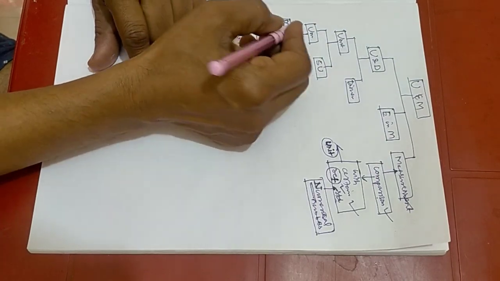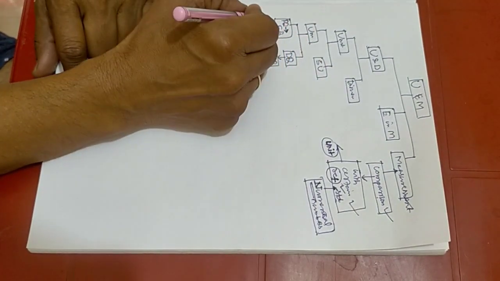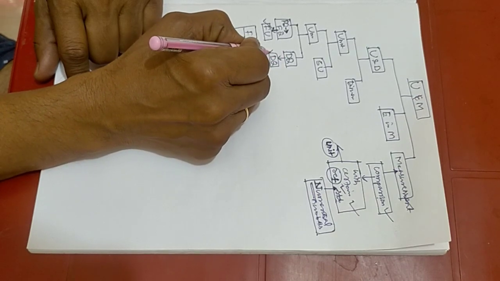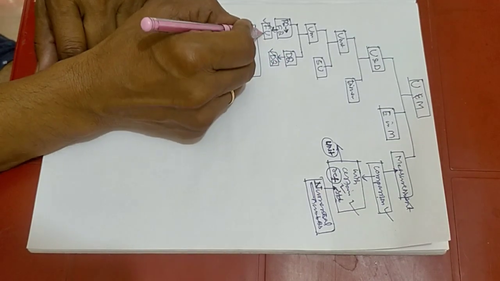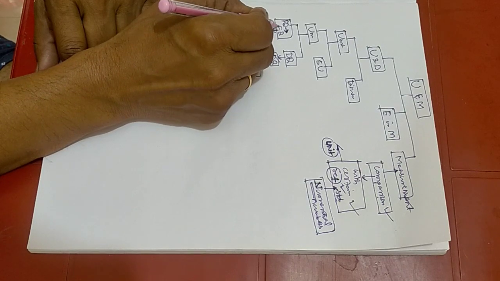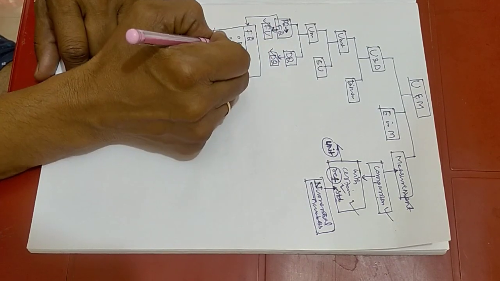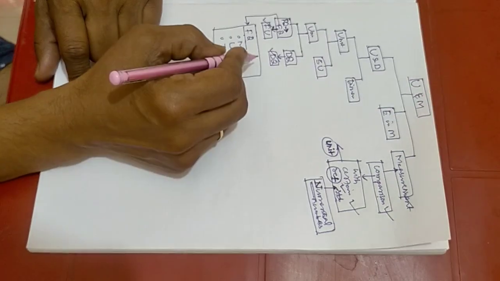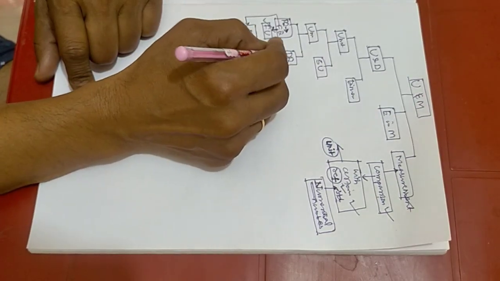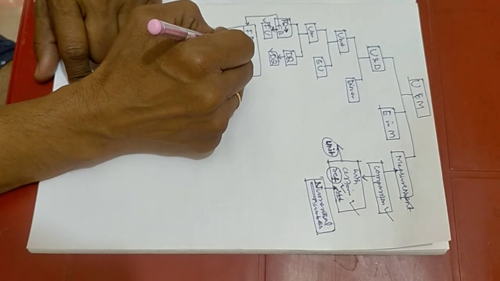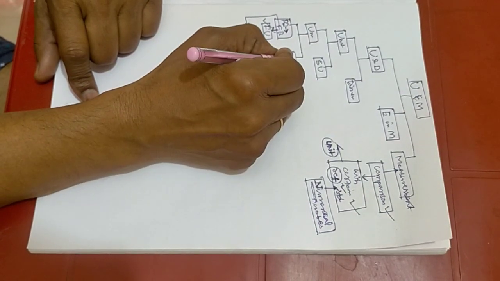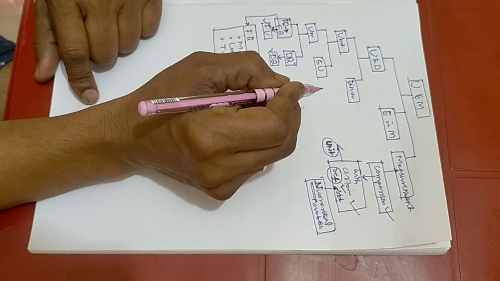Units of fundamental quantities are termed as fundamental units, and units of derived quantities are termed as derived units. Fundamental quantities are mass, length, and time, whereas all other quantities, like force, acceleration, speed, etc., are termed as derived quantities.